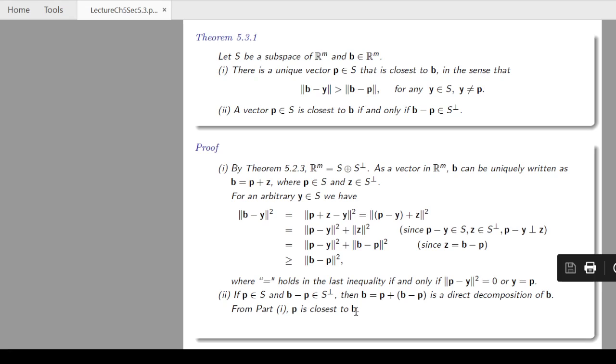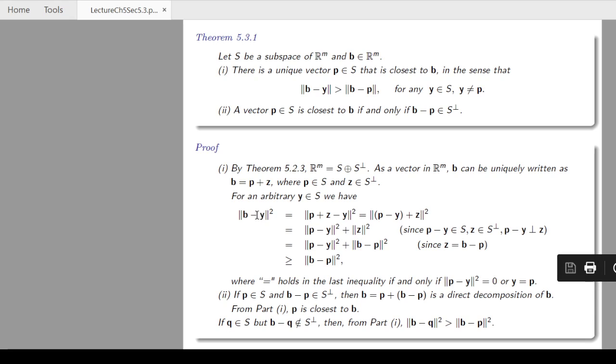Now the other possibility: if we have a vector q, Q belongs to S, but B minus Q doesn't belong to the orthogonal complement of S. Then, in this case, we choose y equal to q in the first part.